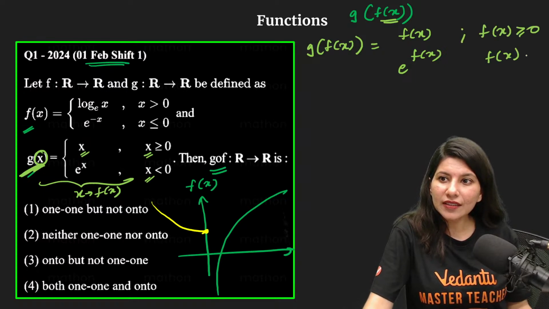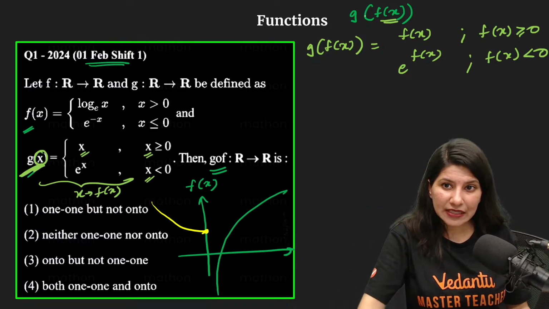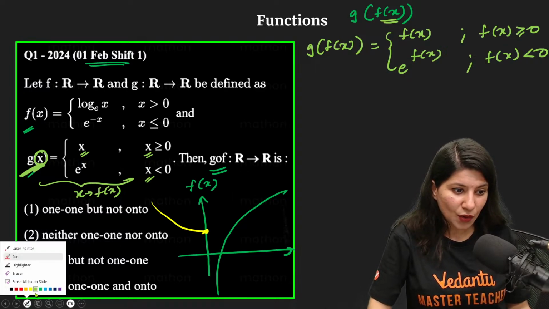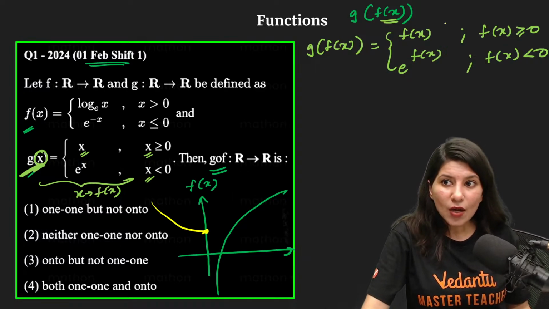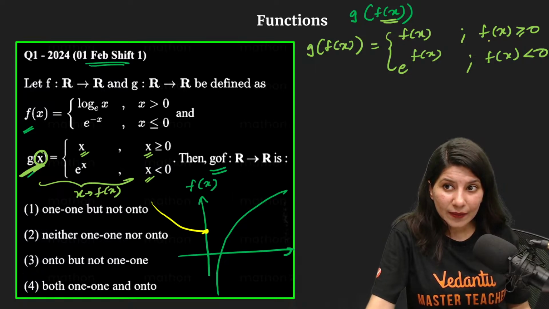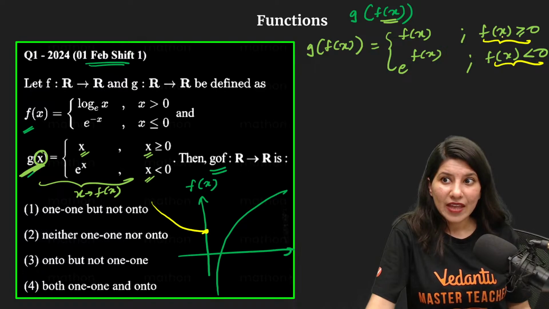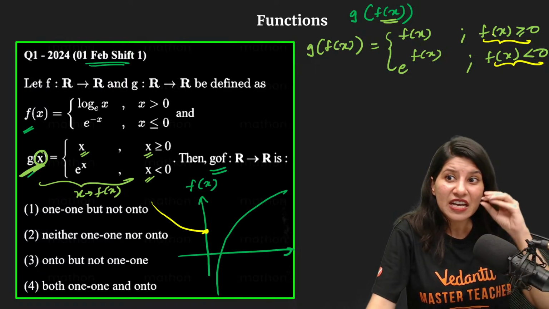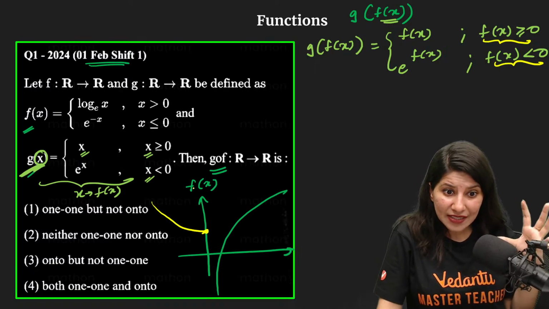I hope that the second step is clear. I know these types of problems are a little bit difficult. Now what you need to do is target these two things: f(x) greater than or equal to 0. So you have to keep in mind when exactly you're on this graph.